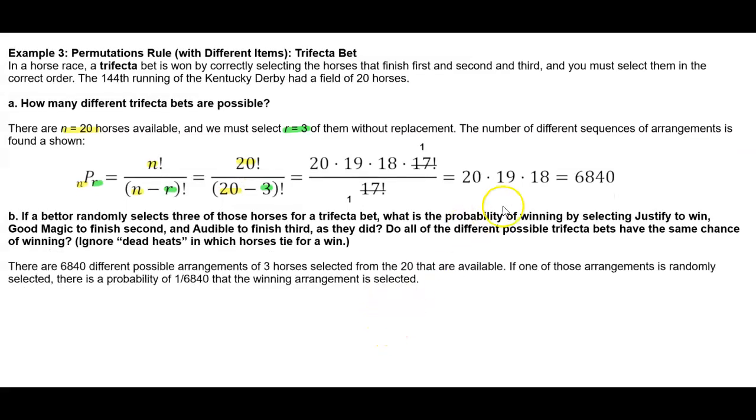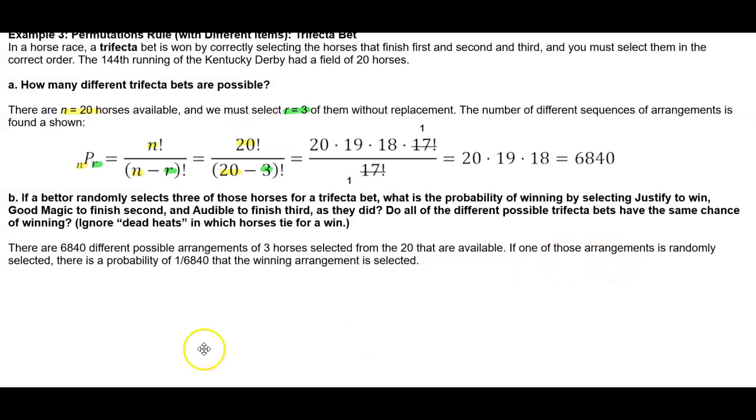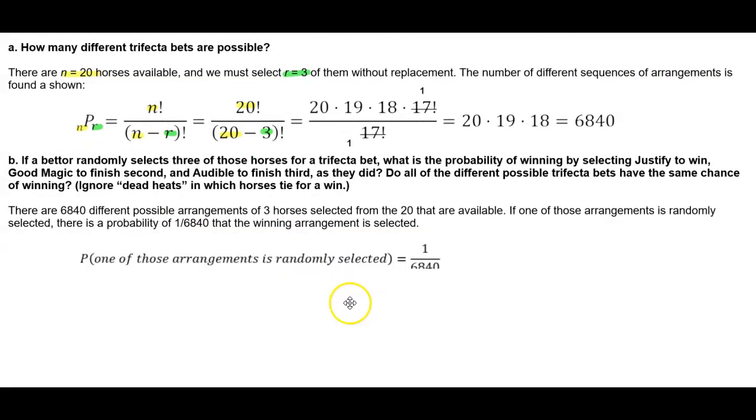Now there are, we found in part A, 6,840 different possible arrangements of 3 horses selected from the 20 that are available. So if one of those arrangements is randomly selected, then there is a probability of 1 out of the 6,840 that the winning arrangement is selected.